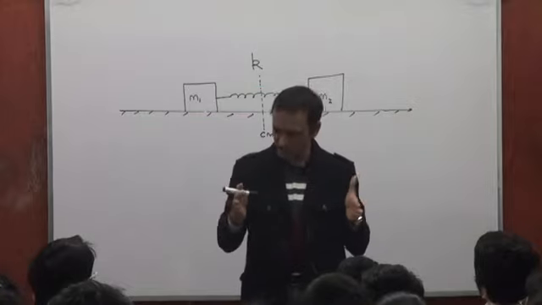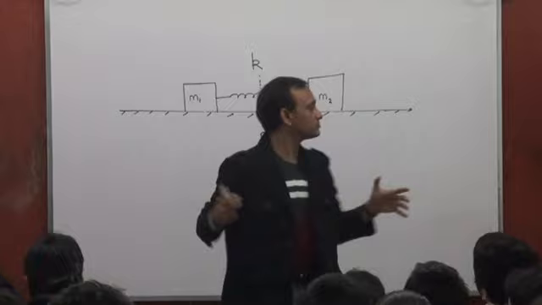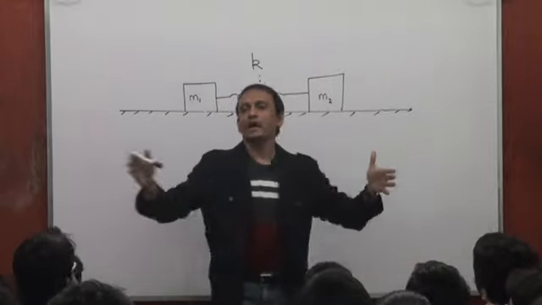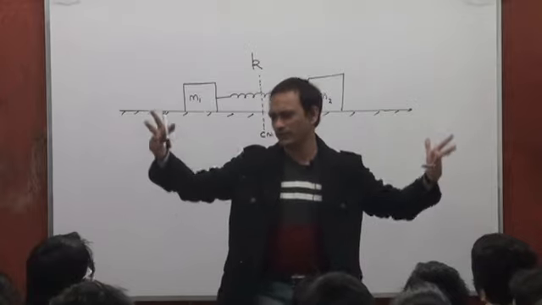Either I could bring the masses closer together, or I'm going to pull the masses apart from this, the natural length of the spring. I'm either going to shove them in closer or pull them apart, either way.